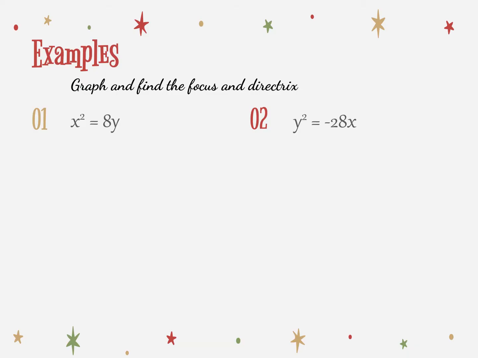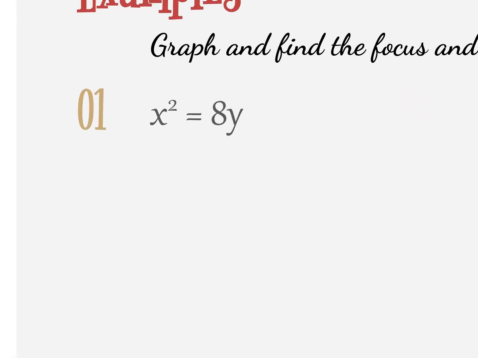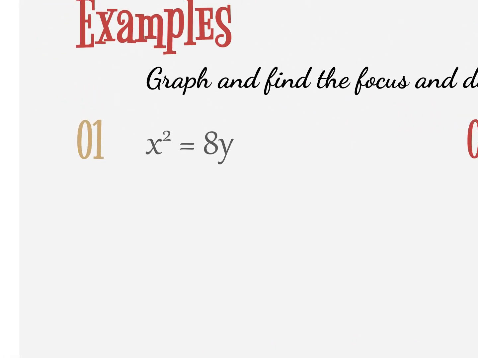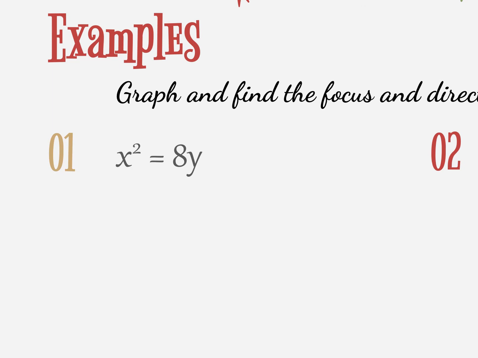Now, my first step is always to isolate the squared term, and it's already isolated. So again, it's already in my standard form. Remember, standard form is x squared equals 4py. I need to find the p-value. My p-value, this number that's right here in front of the non-squared variable, is equal to 4p.